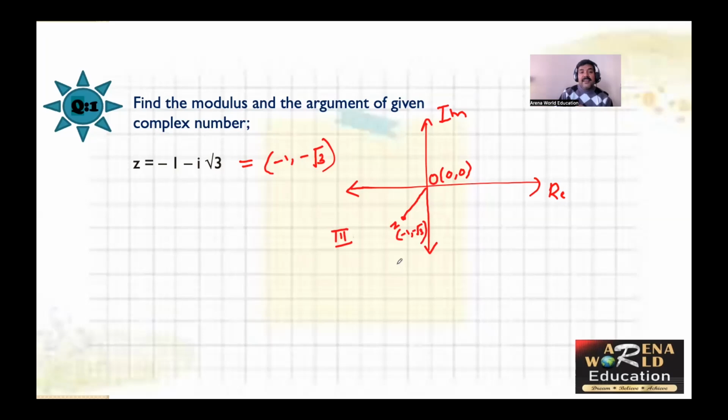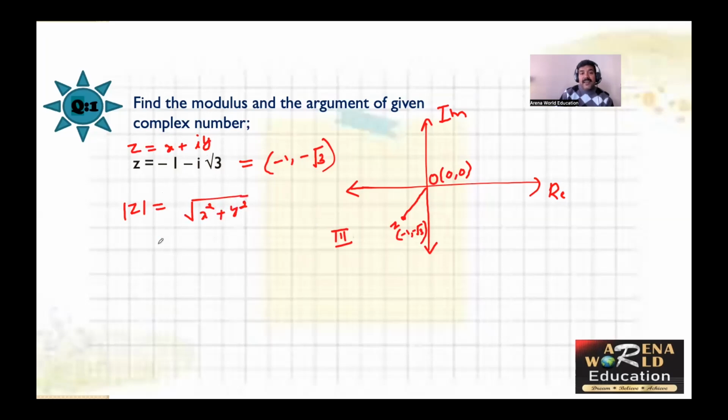If we talk about modulus, if we compare this with x plus iota y, modulus Z is under root x square plus y square.